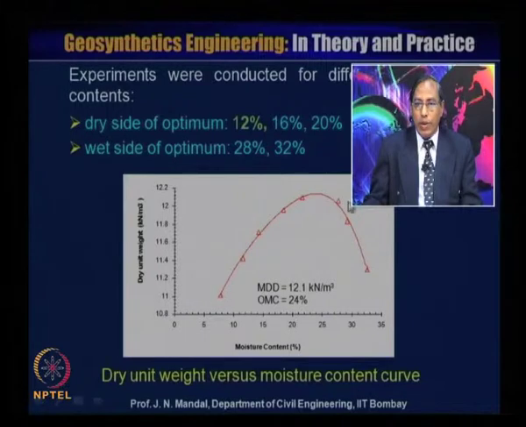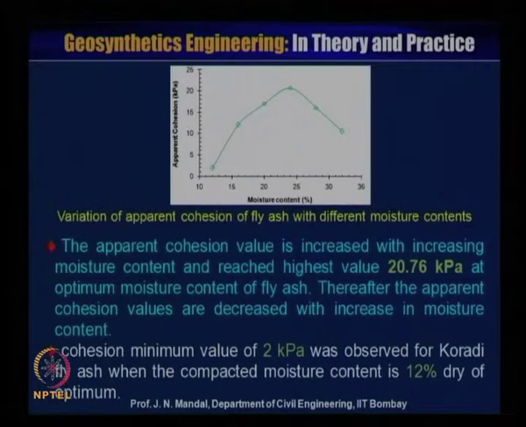Similarly, the wet side of the optimum moisture content was also selected, that is 28 as well as 32. So, the moisture contents on the dry side and wet side of optimum have been selected for performing the test.